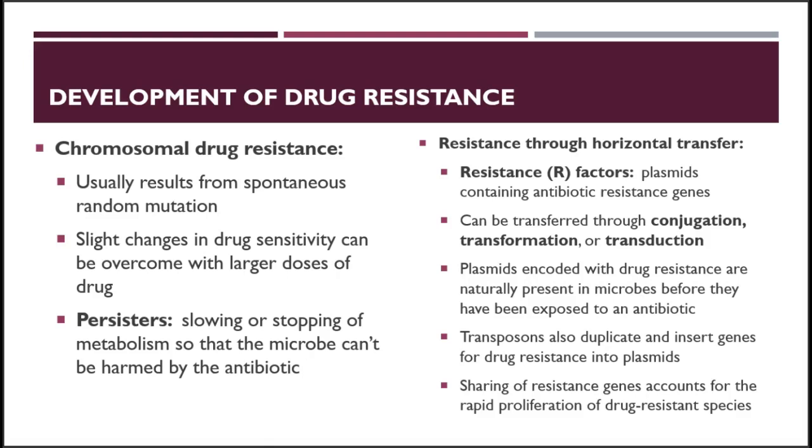So they could insert a drug resistance gene into a plasmid that could then be transferred to other organisms. This type of development of drug resistance is the method that leads to the greatest and the fastest spread of antibiotic resistance through different species of organisms.